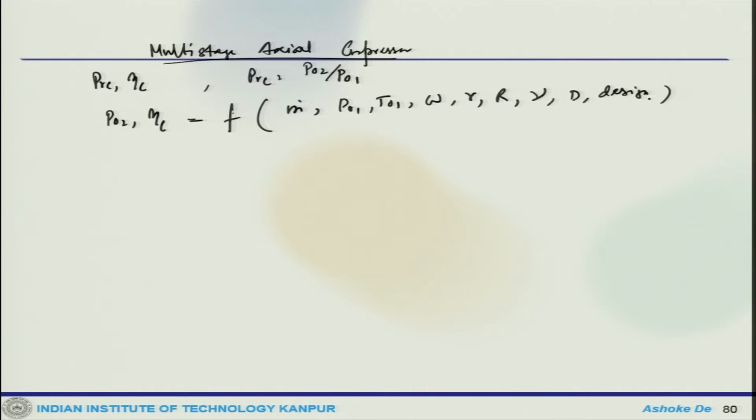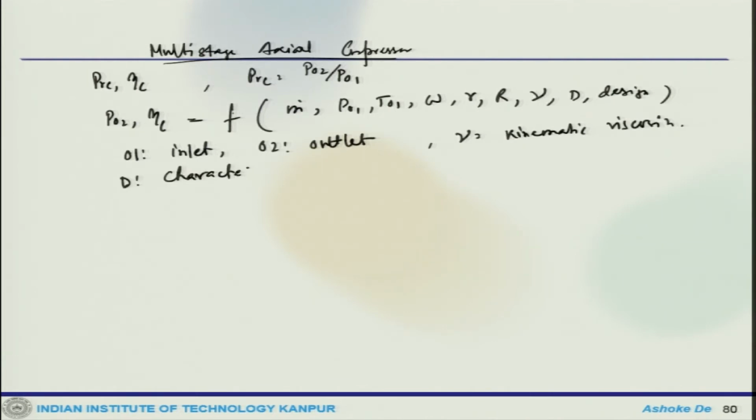These are the complete specification of the geometric shape of a machine, where 01 is inlet, 02 is outlet, nu is kinematic viscosity, and d is the characteristic size or length, typically the tip diameter of the first stage rotor.